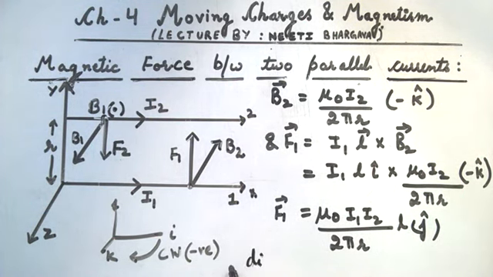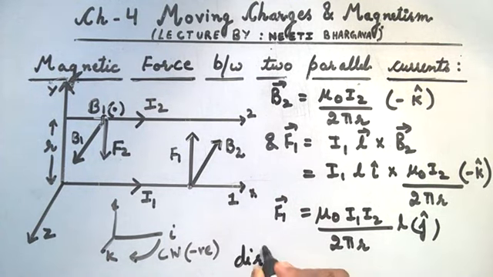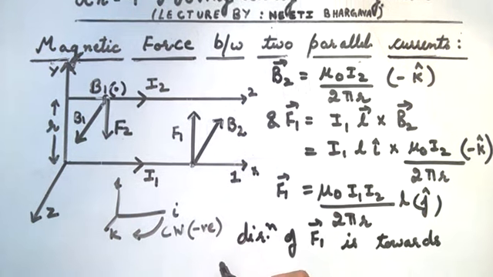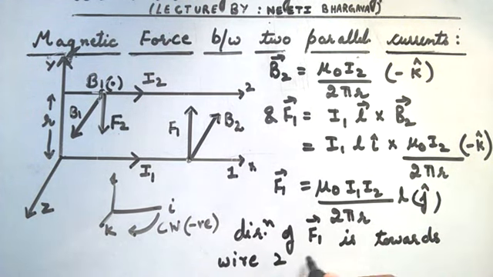Therefore, the direction of force F1 is towards wire 2. That is, it is also experiencing attraction.